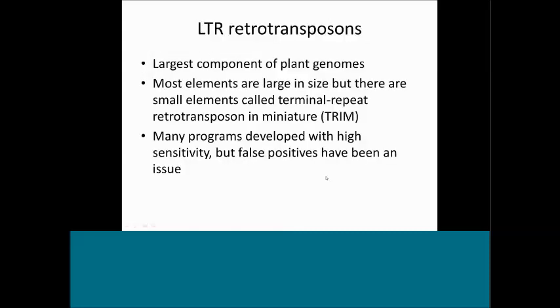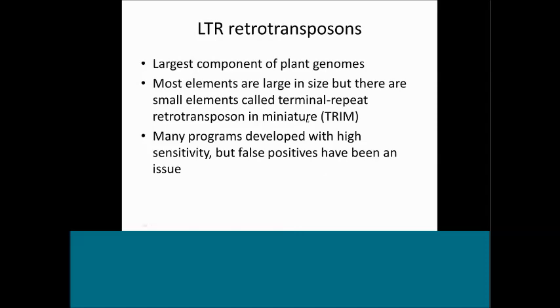The next one, as I told you before, is the LTR retrotransposons, which are the largest component of plant genomes. Most LTR retrotransposons are very large in size, which is why they can be the major component of plant genomes. But there is a group of LTR retrotransposons called terminal-repeat retrotransposons in miniature, which are quite small.